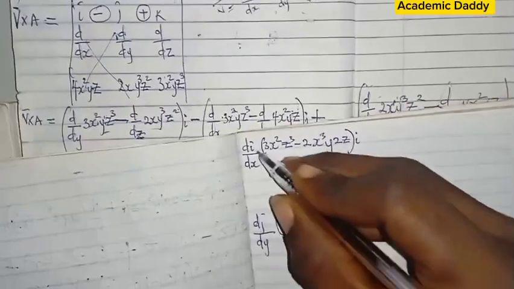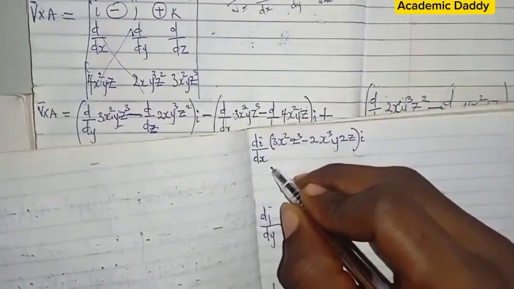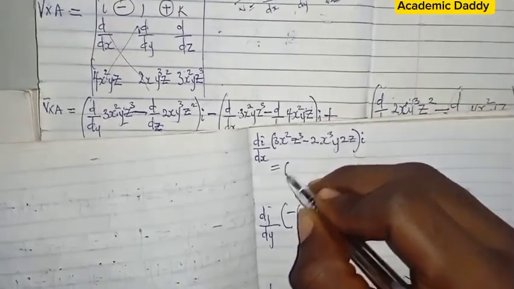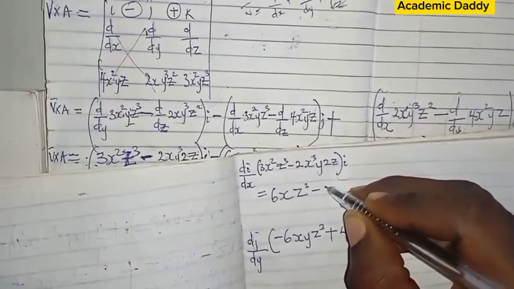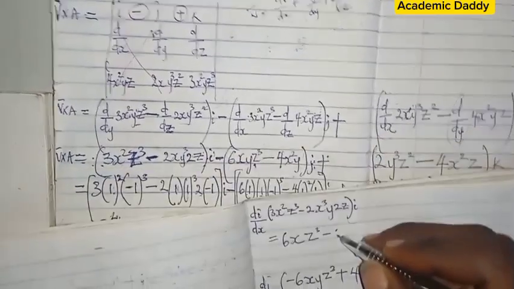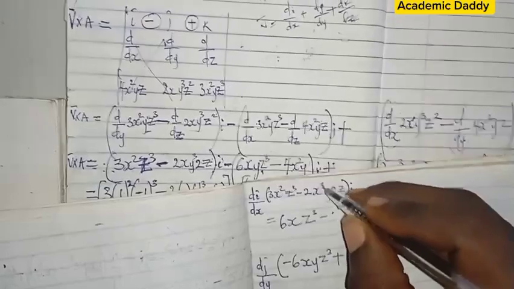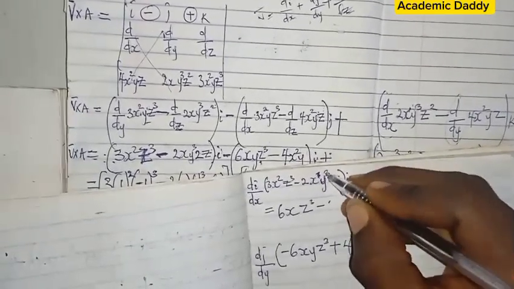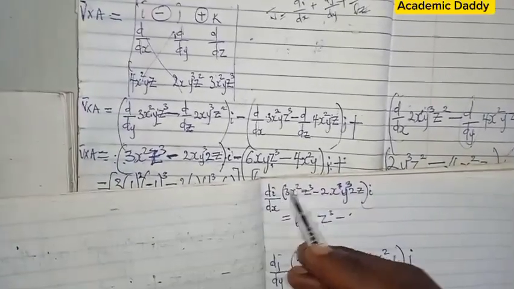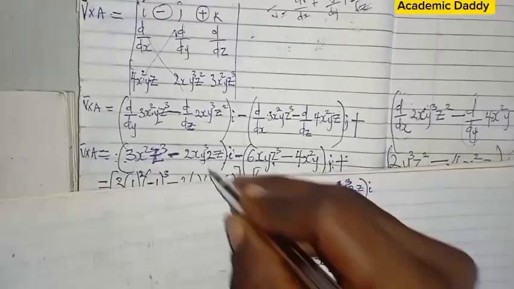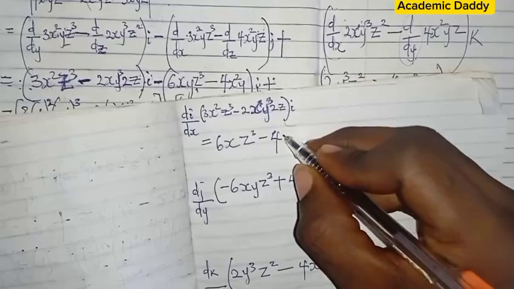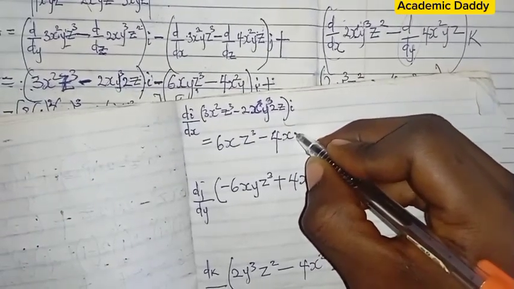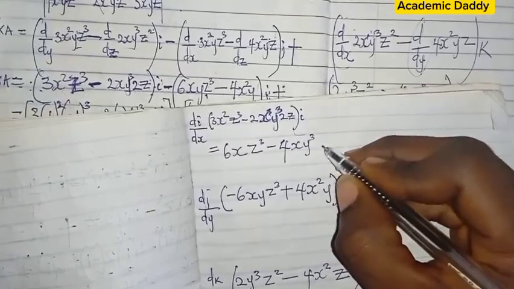So if we do it, the i dot i is going to cancel, so we just have 6xz³ minus, the 3 is actually on the y if you remember, 2x, so this is the same thing as 2 times 2, 4xy³z.